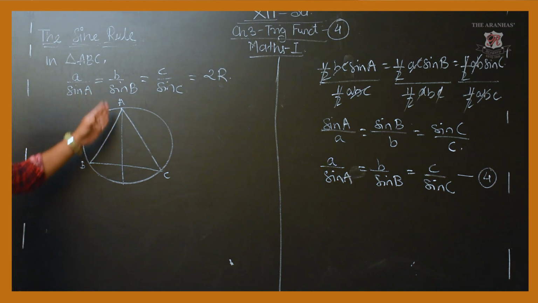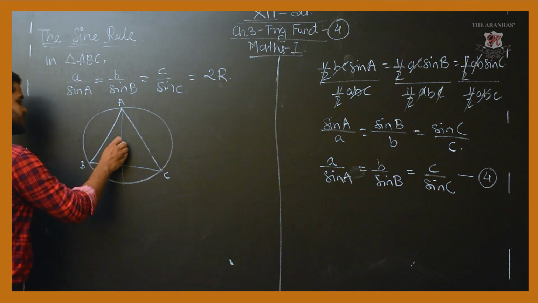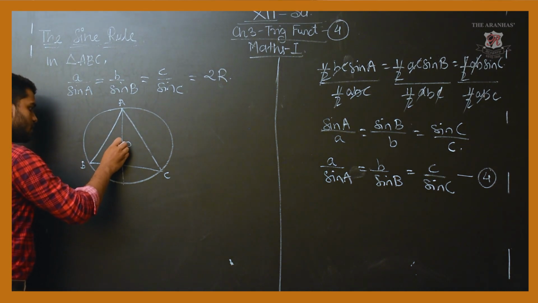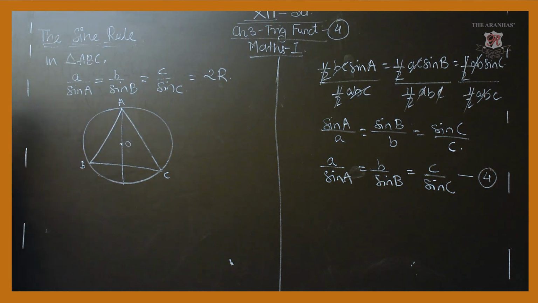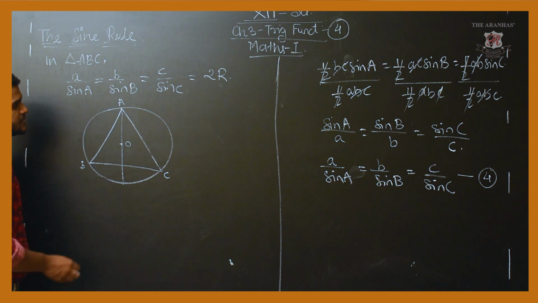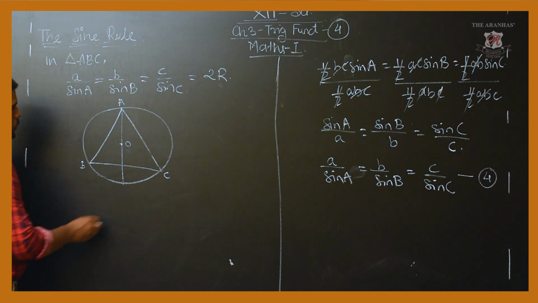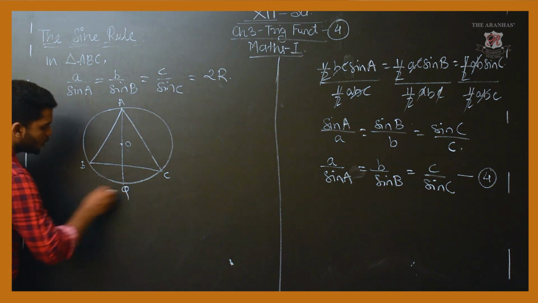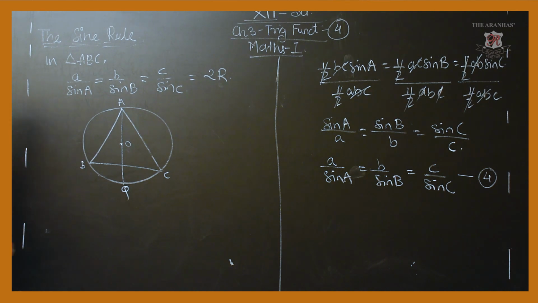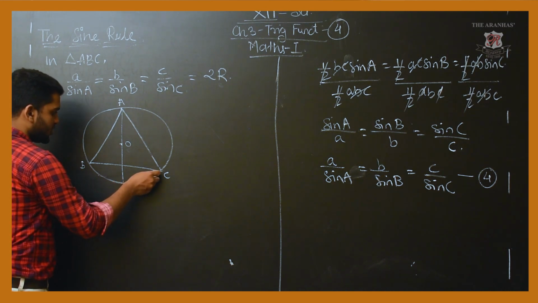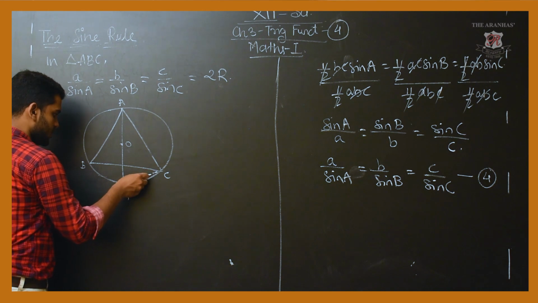So basically, if the line is passing through the center of the circle, it's nothing but a diameter. Let's call this point Q. And let's join this. This is my construction.